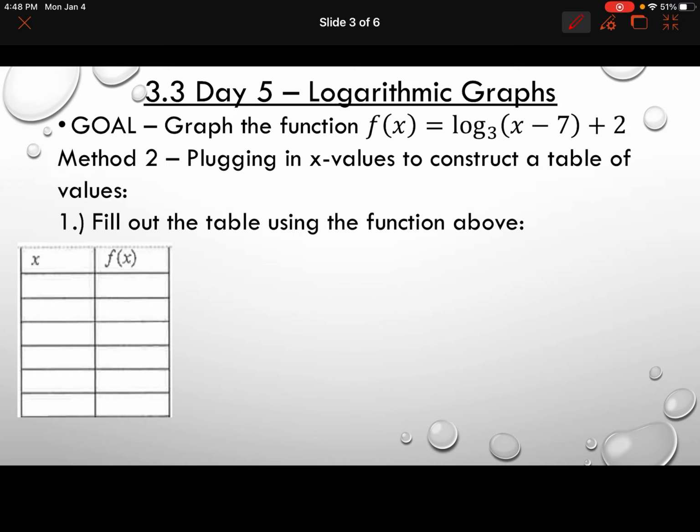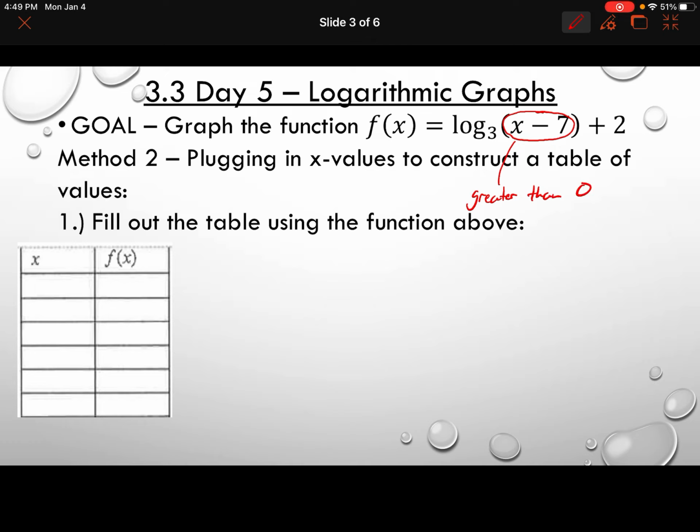The conditions or the requirements of what x value you pick is that you have to make sure that whatever you're taking the log of, okay, so whatever you're taking the log of has to be greater than 0, okay?